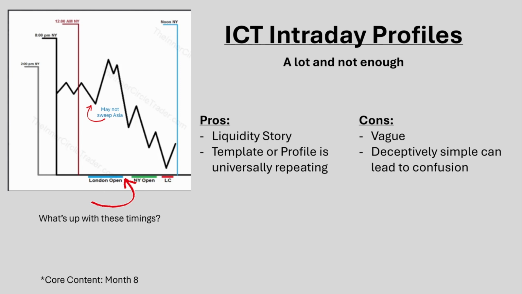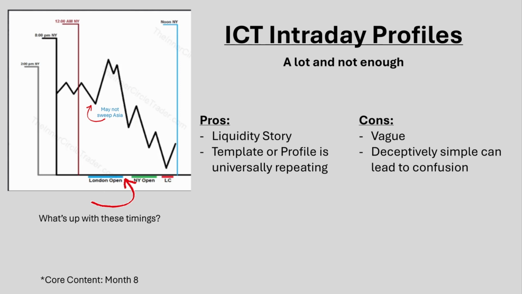This was in month 8, and this diagram is showing a timestamp from 2 p.m. the previous day, 8 p.m. which triggers your Asia, midnight, which is a classic midnight open concept, and then it just jumps straight ahead to noon New York time.